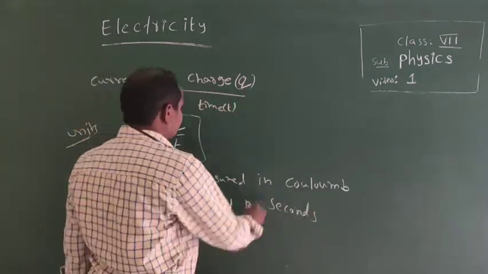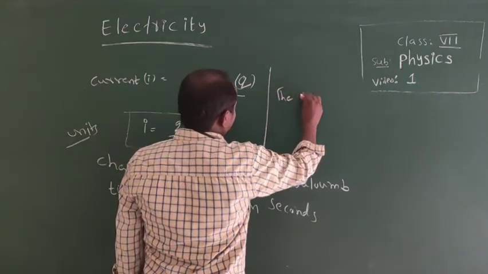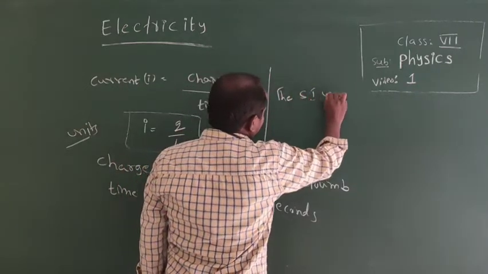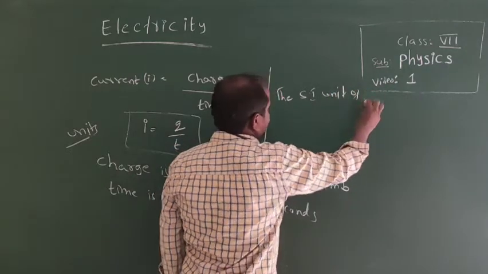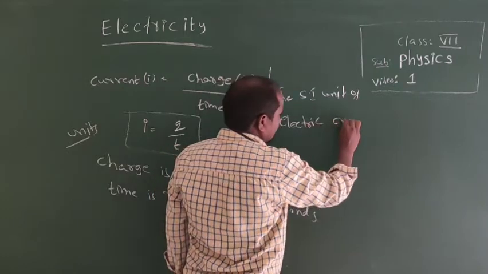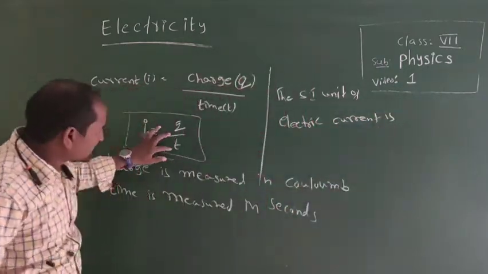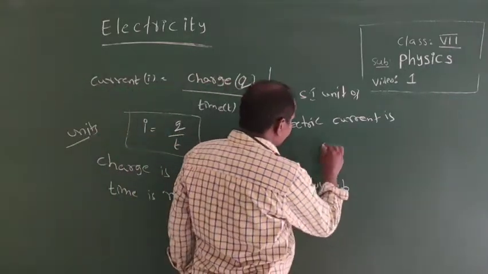Therefore the SI unit of electric current is charge by time, that means coulomb per second.